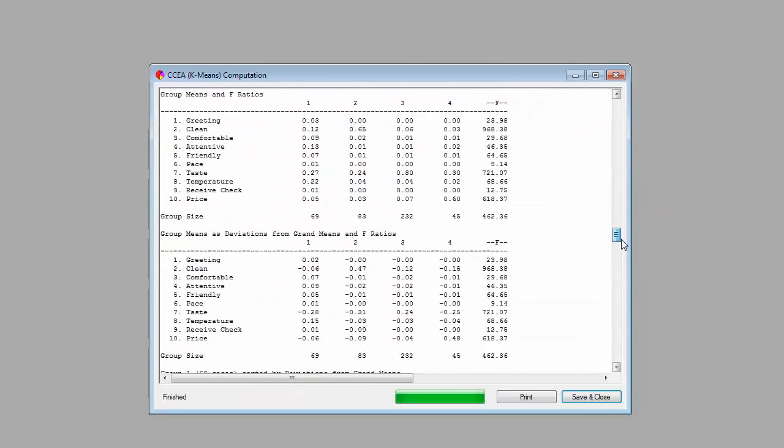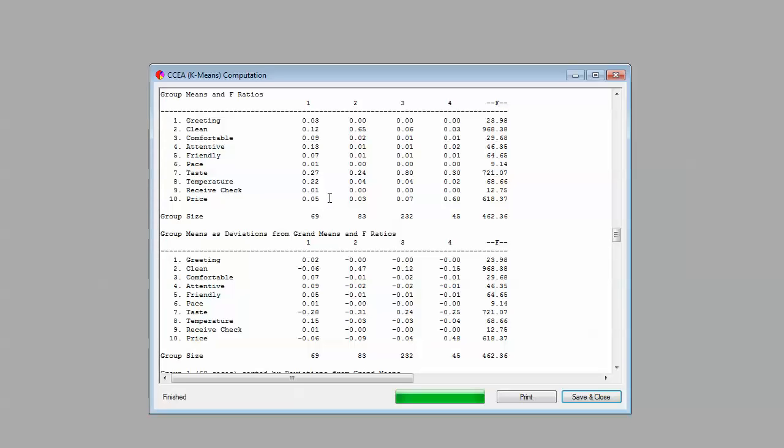And in this screen, we can see at the top group means in terms of the maximum difference scaling importances for those 10 attributes. And there are those same group means viewed as differences from the grand mean for each row. So let's just look at the group means, because I think that tells the story. The first segment, 69% of our respondents, of our 429 respondents there, are in that first segment.